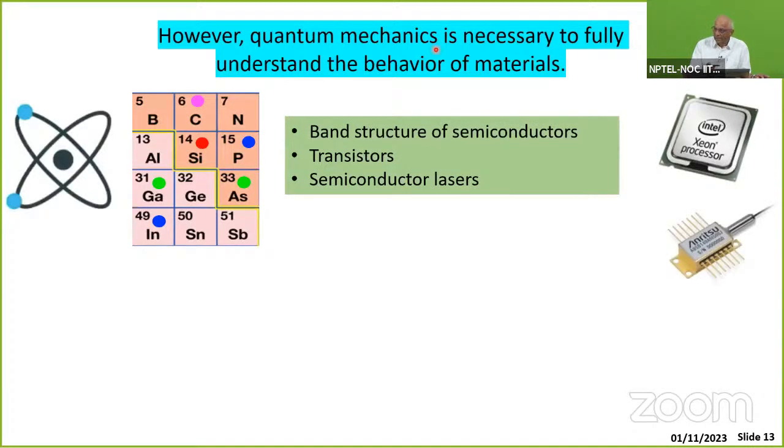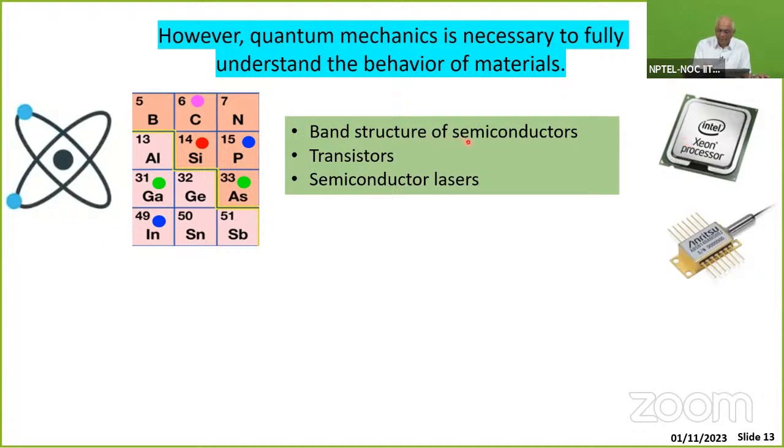And that has come to fruition in the last 30, 40 years with the advent of silicon, the Intel microprocessor, where you can't explain the behavior of the transistor without invoking quantum mechanics, the motion of electrons and holes in the semiconductor.